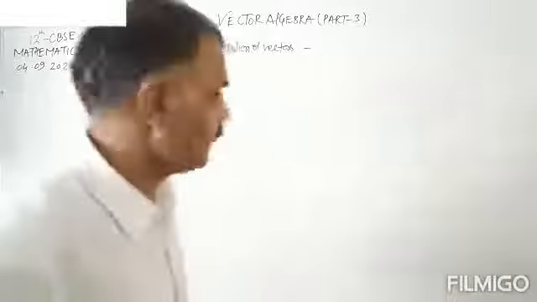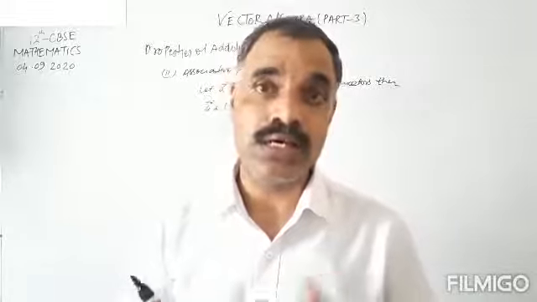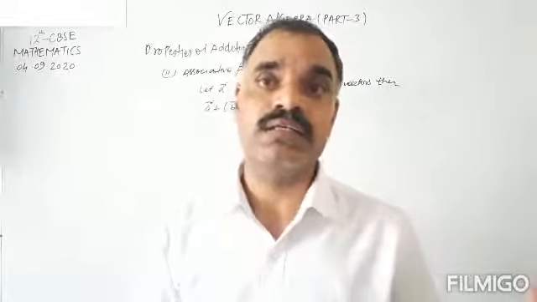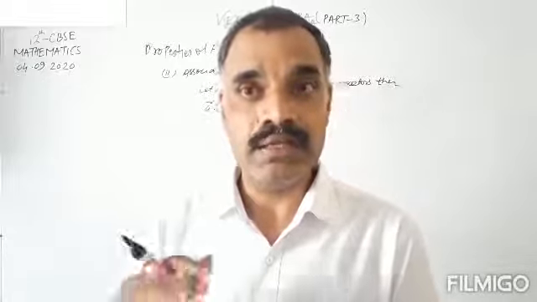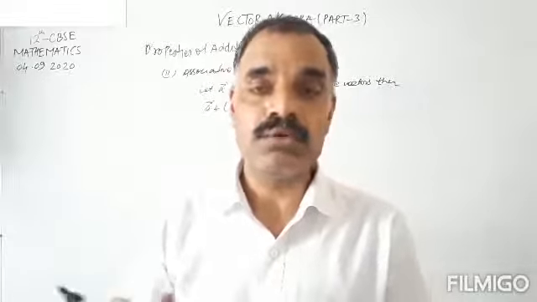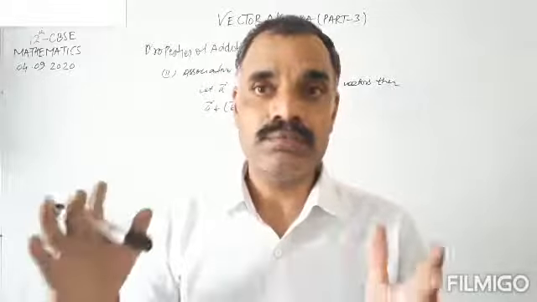Okay, the associative property also gives the idea to add three vectors without using the grouping. It means we can add three vectors without making any grouping, that is A vector + B vector + C vector.